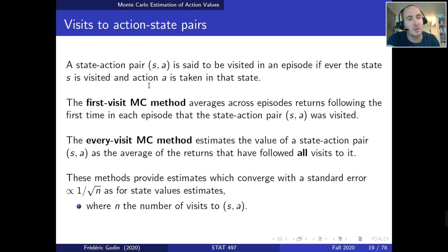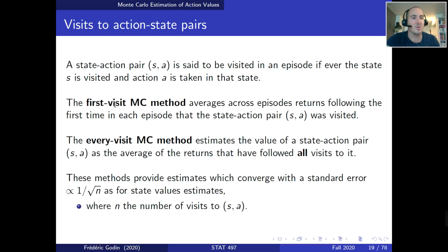For all episodes in which the state action pair SA was visited, meaning that action A was taken at some point in state S, we take the first time in the episode this occurs, look at the associated return, and then we do that for all episodes and average all such returns associated with the state action pair SA.